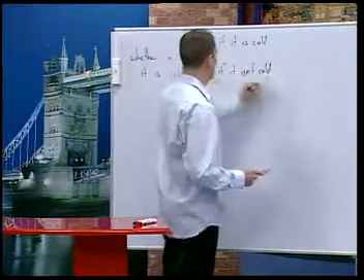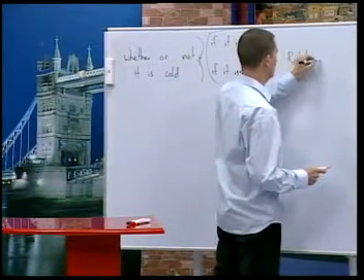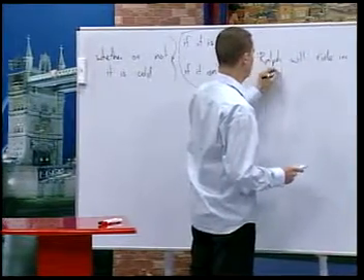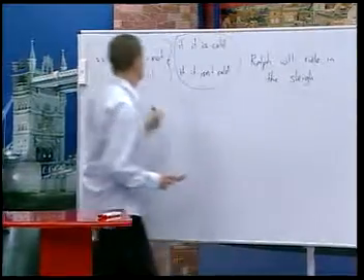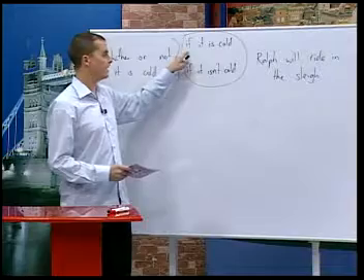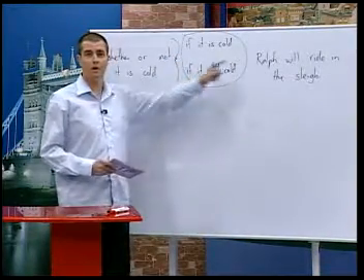So think of it like this: whether or not it is cold, Ralph will ride in the sleigh. It means if it is cold, Ralph will ride, and if it isn't cold, he will ride.